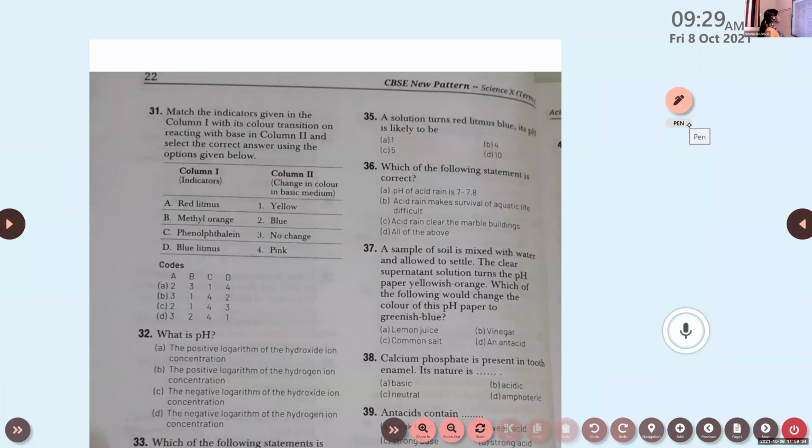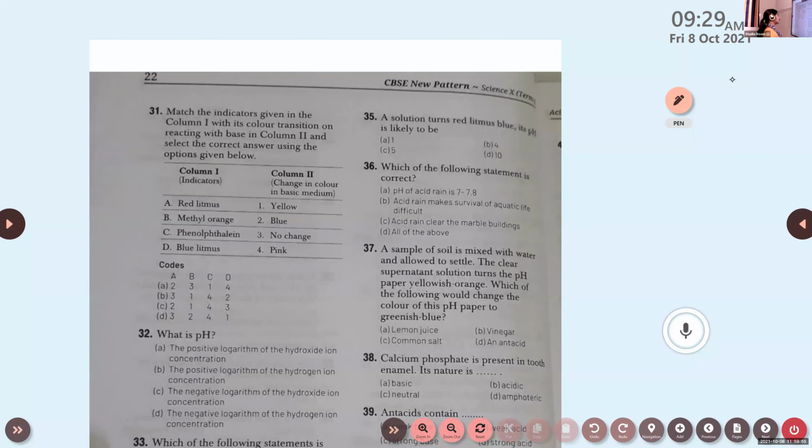Okay, question number 31. All of you look at the question. Match the indicators given in column 1 with its color transition on reacting with base in column 2 and select the correct answer using the options given below.